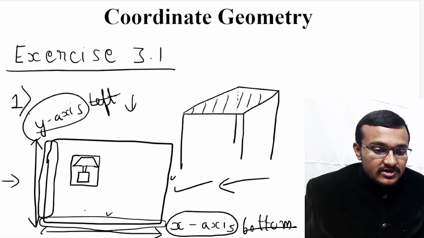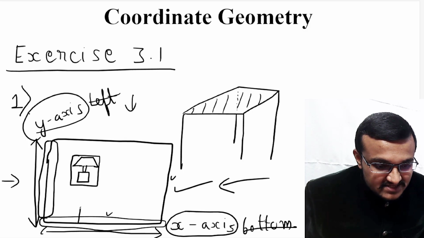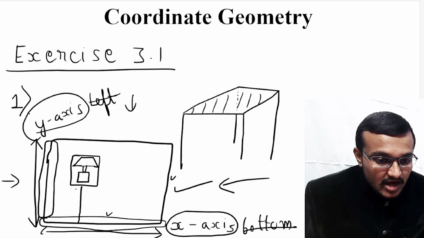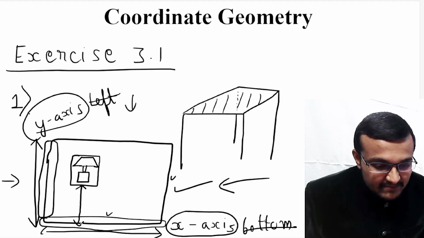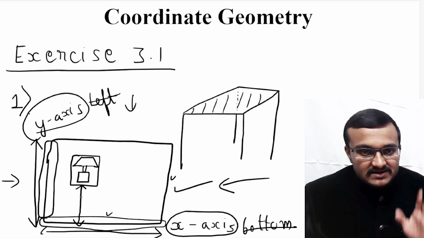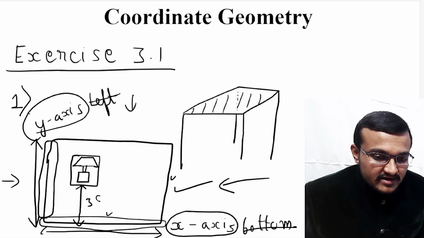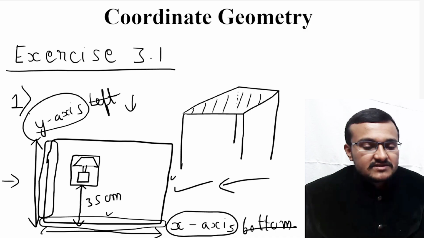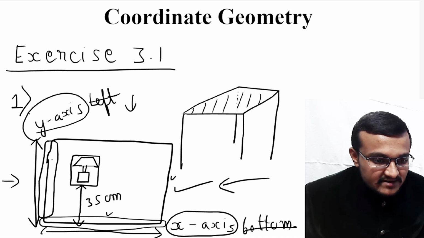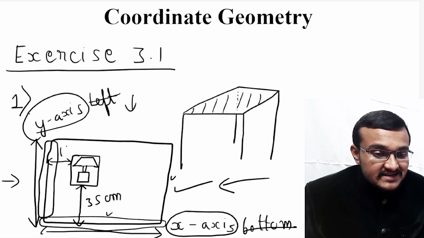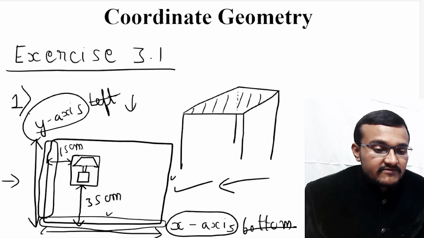So now from this x-axis of the table, you have to calculate how much distance this particular lamp is. Let's say it is somewhere around 35 centimeter away from the x-axis, and it is 15 centimeter away from the y-axis.